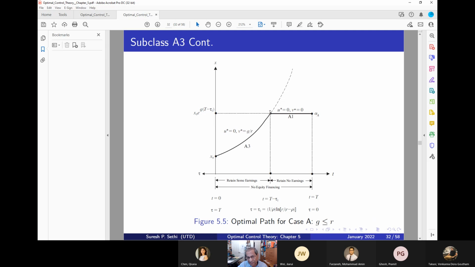And if I invest $1, what am I going to get? Well, if I invest $1 at this point, I'm only going to get dividend, right? But the company is not growing. It's not raising any external equity. It is going to stay exactly at this value, x0 e to the g(t minus tau 1), which you can call alpha a if you already set the value of alpha a.